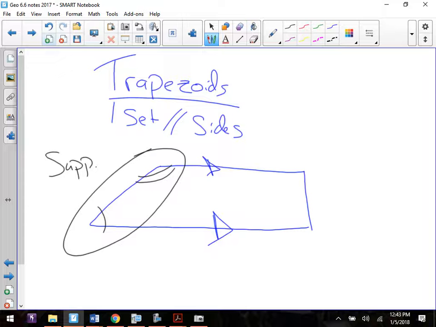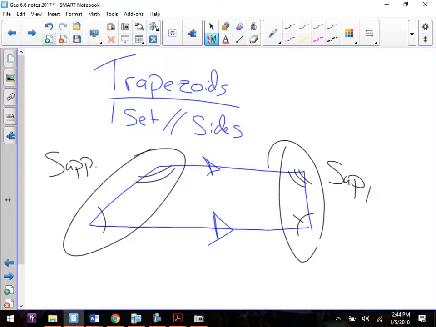Basically, the easy way to think of it is the angles between the parallel sides will always be supplementary because they're always going to be consecutive interior. They're not going to be congruent to each other. Those four angles are more often than not going to be all different, because once they start being the same angles, then other things have to happen.